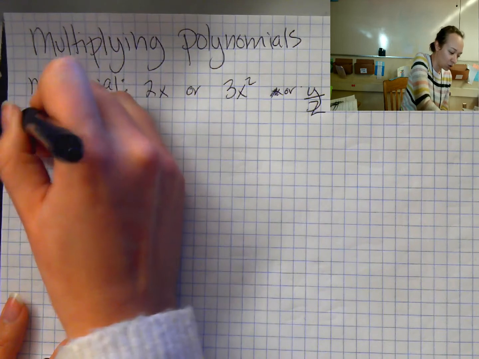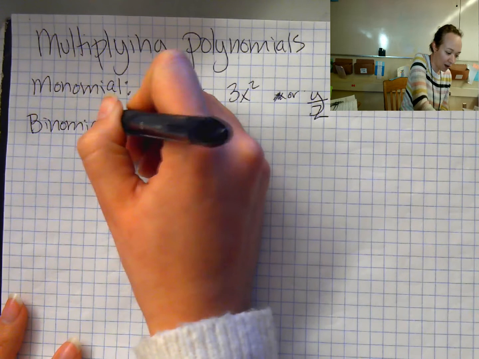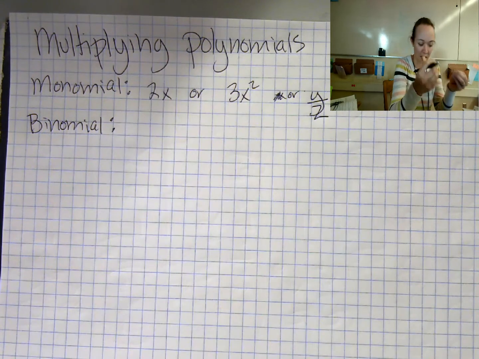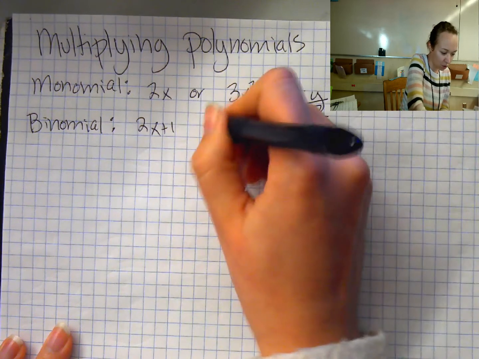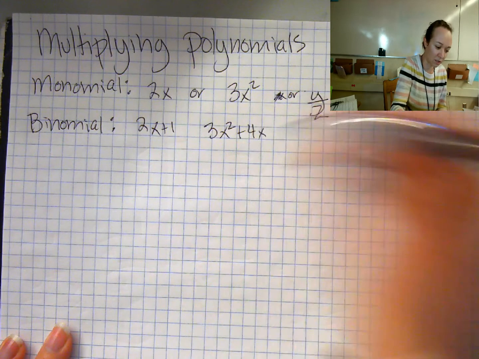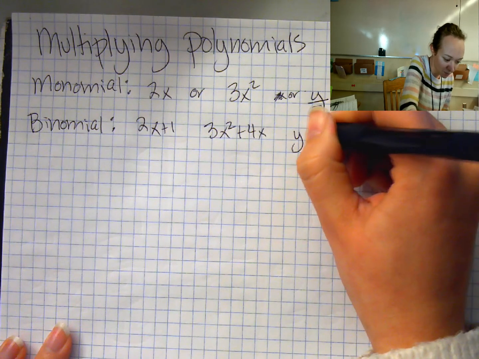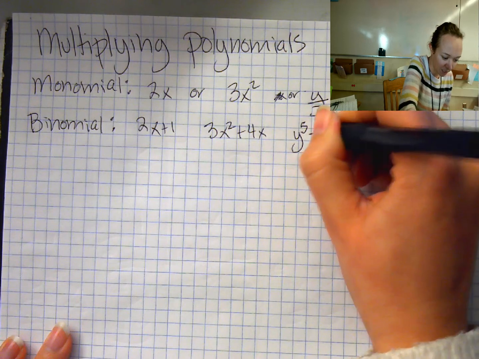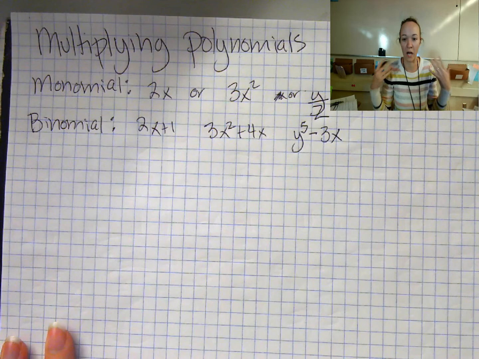A binomial is when you have two things being added together. So 2x plus 1, 3x squared plus 4x, or y to the 5th minus 3x. Those are all examples of binomials.